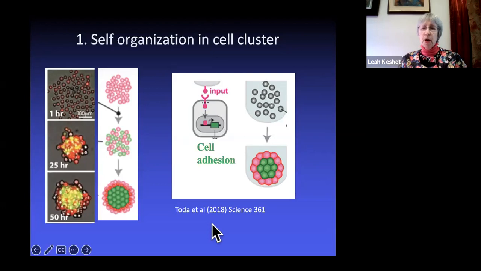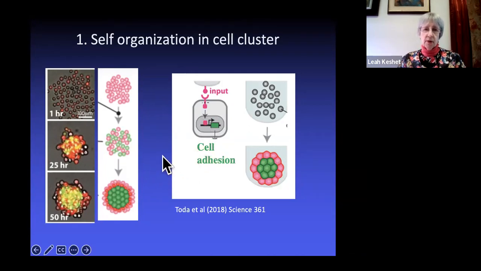So example one, there was work by Toda et al. that appeared in Science about 5 years ago, where this is synthetic biology, where they took cells and reconfigured their internal gene regulatory systems to control their adhesion.